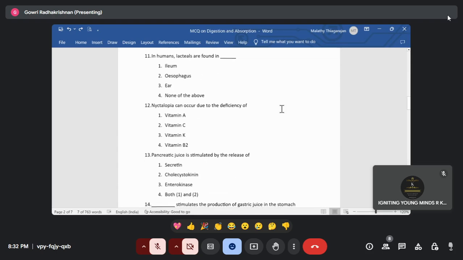Now, next one. In humans, lacteals are found in. So, what is the function of lacteals? First, think about it. Before answering this question, what do you know about lacteal?